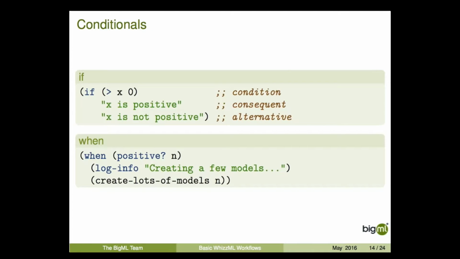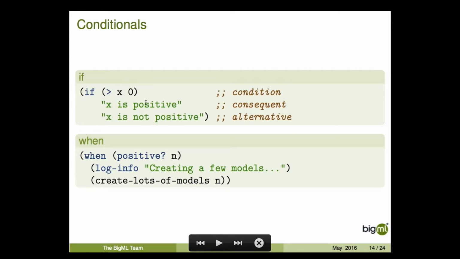We also have conditionals. What kind of programming language would it be without conditionals? Basically, you begin with the open parentheses, and then if you want to do an if statement, the next thing that comes is the condition wrapped in parentheses. So here we're using this Boolean operator greater than, and we're asking if x is greater than 0.